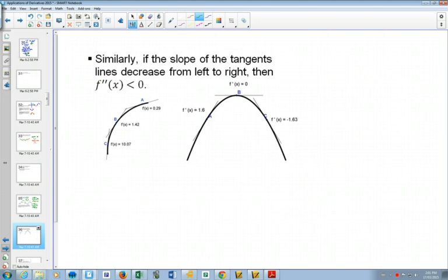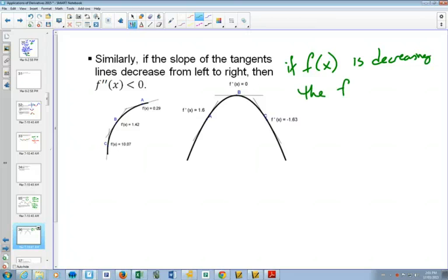Similarly, if you look at something where it's decreasing, again, we can put the same note that we had from before. If f of x is decreasing, then we knew our derivative was less than 0.